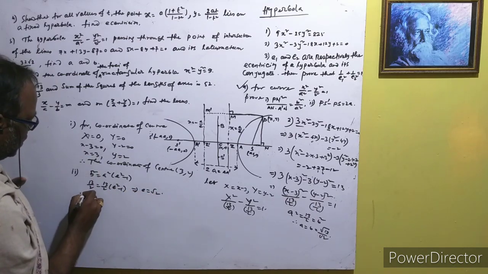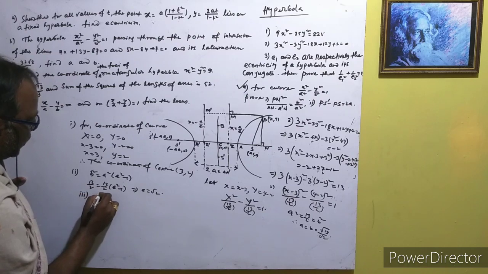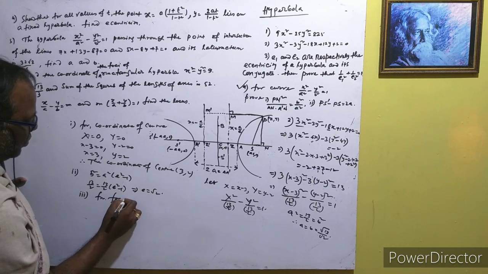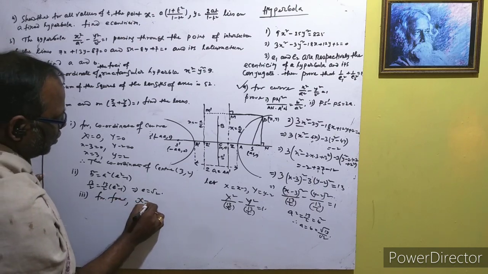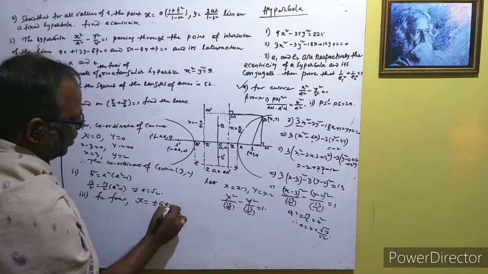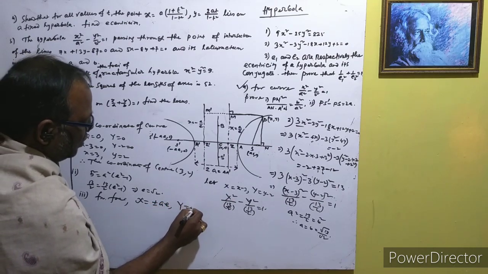So now the third point is the foci. For foci, X is equal to plus minus ae, comma, and Y equal to 0 here.